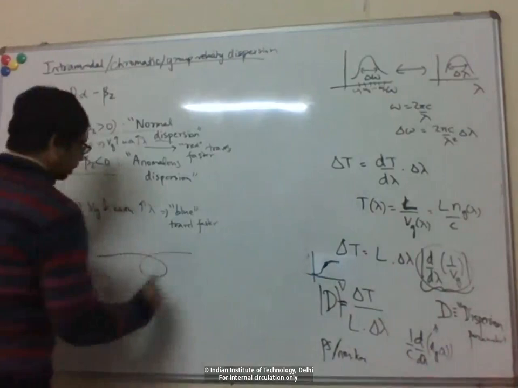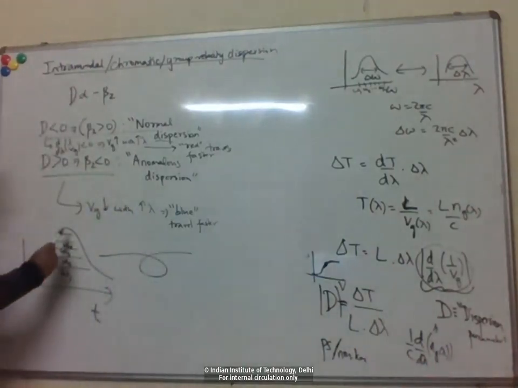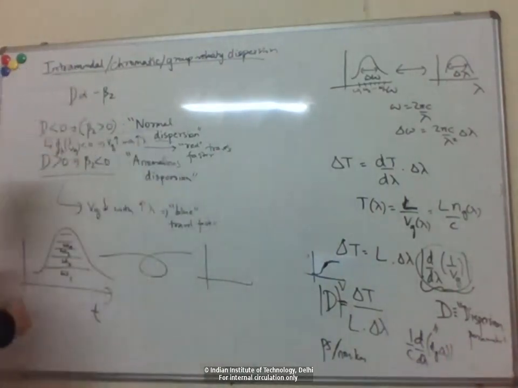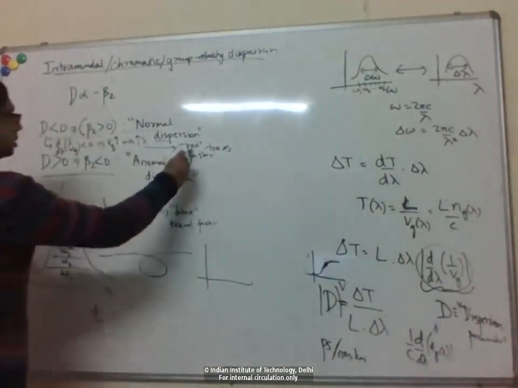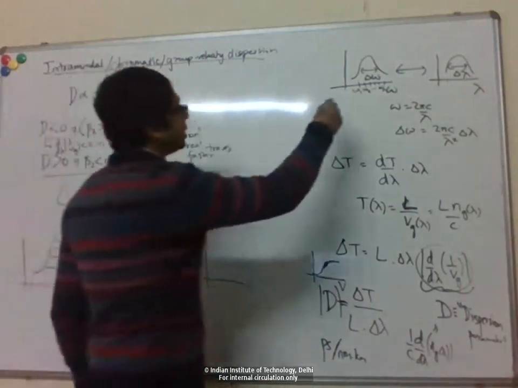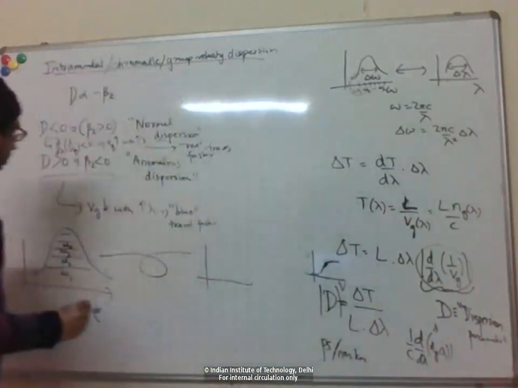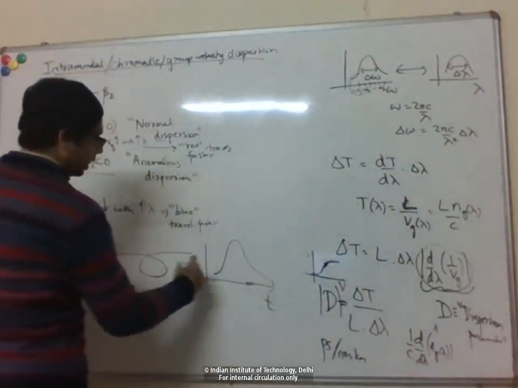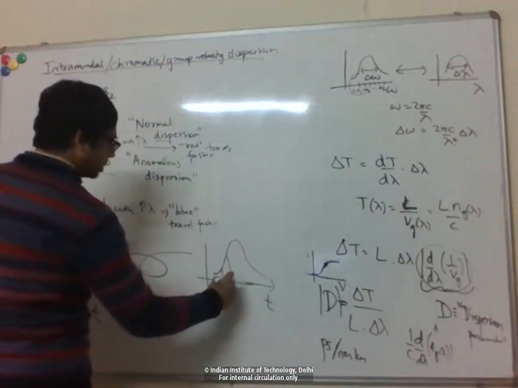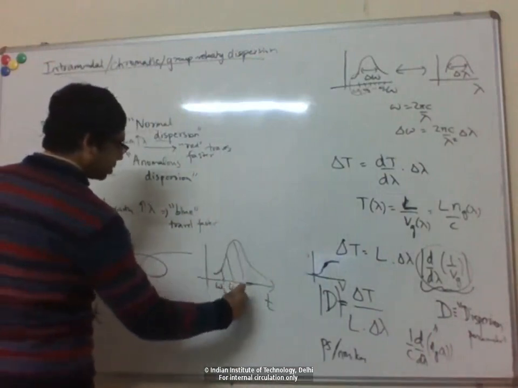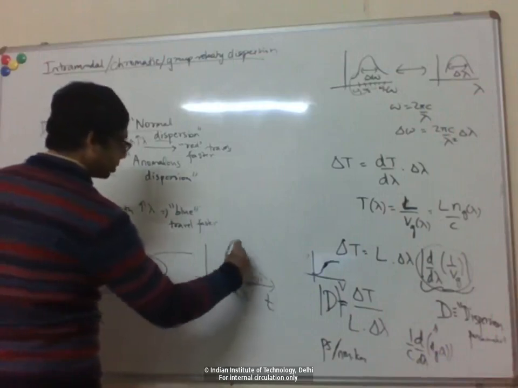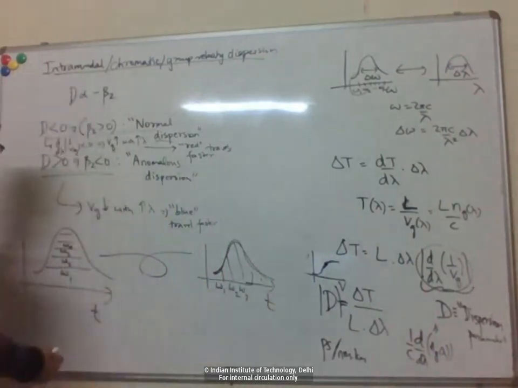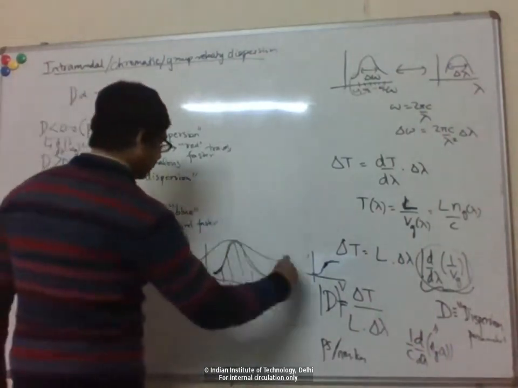Then once you send it through the fiber, each of these frequency components travels at a different speed, right? Now if you have normal dispersion, then the red, or lower frequency, is traveling faster. So what will happen at the output? At earlier times, the lower frequency components will arrive first. This leads to broadening.